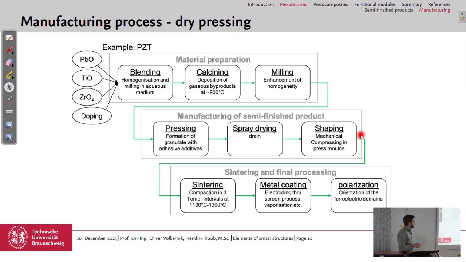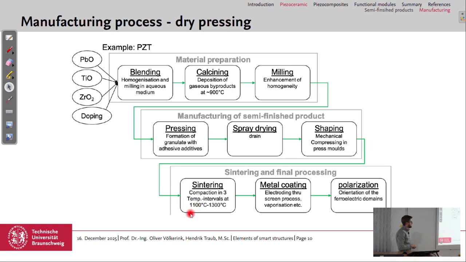This green body then goes into a sintering process where the grains grow and get larger. You don't have real structural integrity in this green body, it's just a compressed powder, and with the sintering process you increase the mechanical performance.